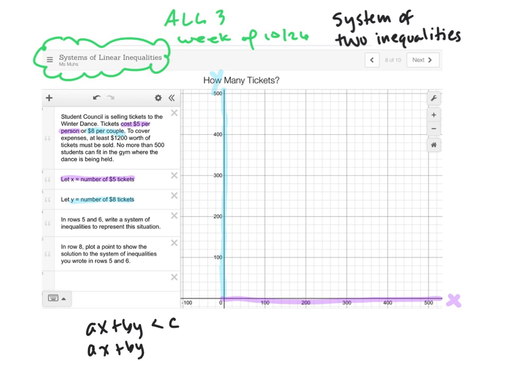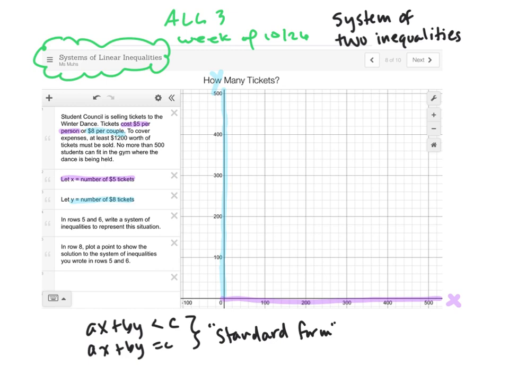In an equation, we would say this, and this is called standard form. Standard form.